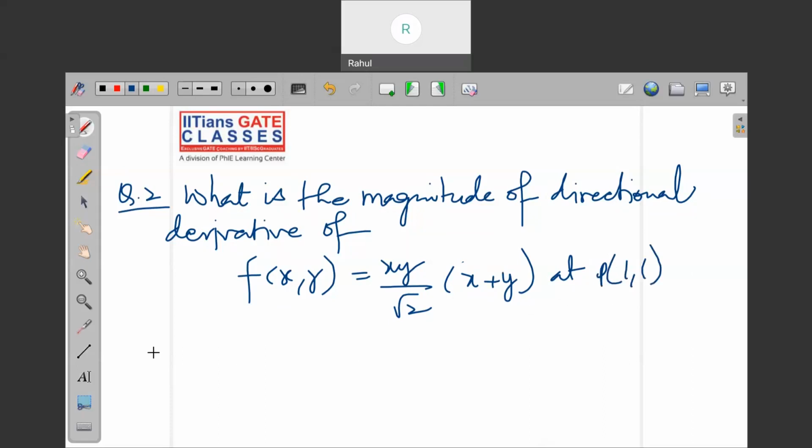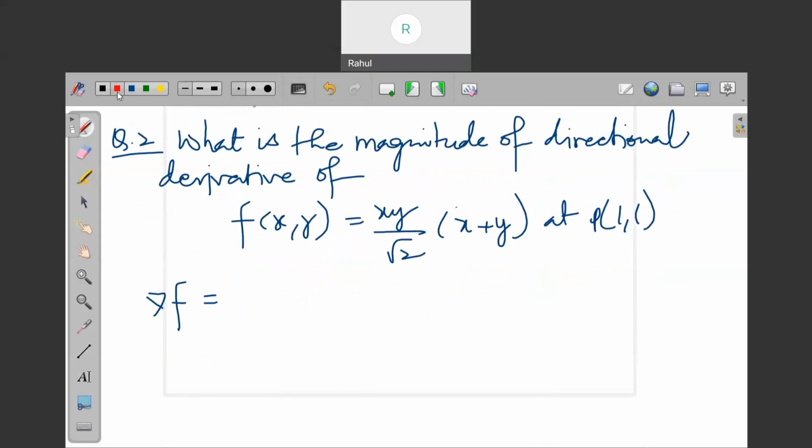So what you can compute here is del f. The moment they ask the magnitude of the directional derivative, it is a two-step process. First you have to compute the gradient of f. So what is the gradient of f? You have to differentiate with respect to x initially.